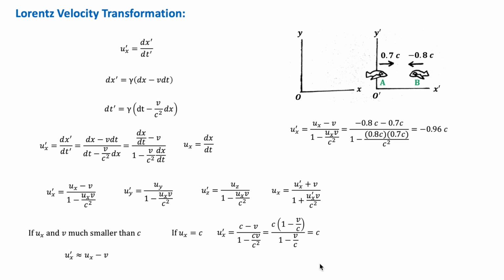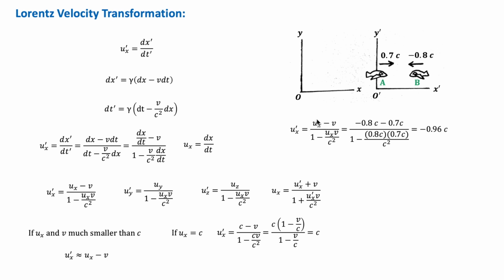So to solve this, let the frame S dash be attached to the spaceship A. Then the speed of S dash relative to S, which represents v, is equal to 0.7 c, right? And so the velocity of the spaceship B relative to the observer on Earth S is minus 0.8 c. So this is ux here, okay?